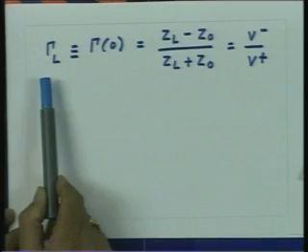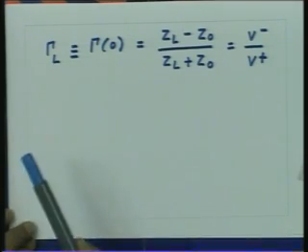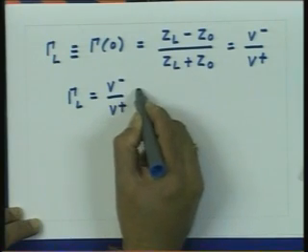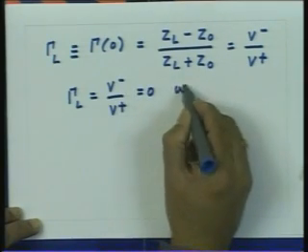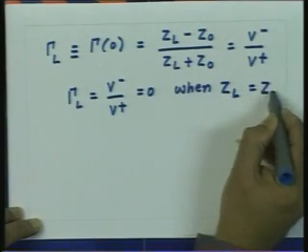In other words, the reflection coefficient gamma L is equal to 0 when the load impedance is equal to the characteristic impedance.